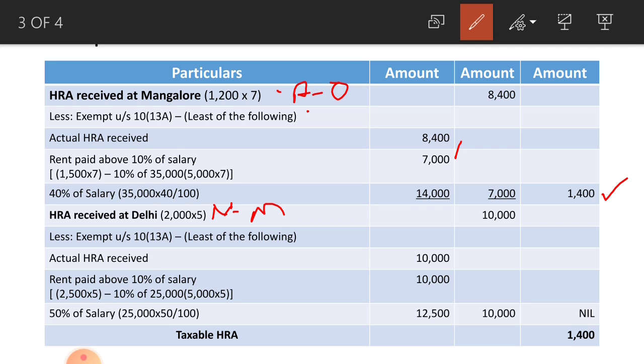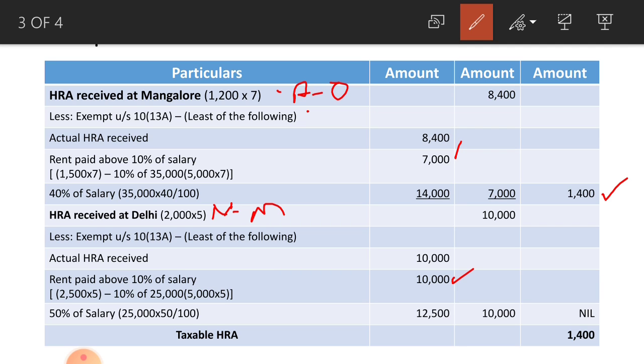Here, from this 10,000 you have to deduct exempt under section 10 subsection 13A, the least of the following: HRA received 10,000; rent paid above 10% of salary, that is rent paid 2,500 for 5 months minus 10% of salary, that is 5,000 for 5 months, 25,000, which amounts to rupees 10,000.